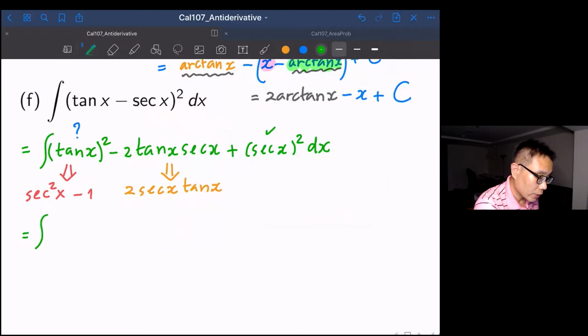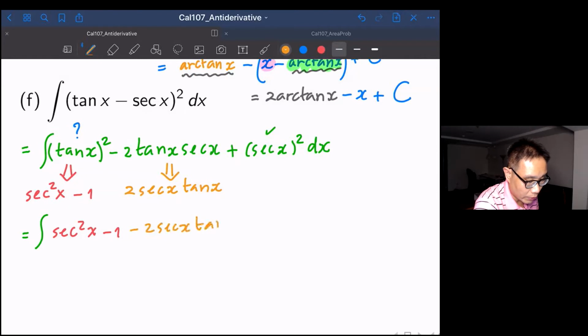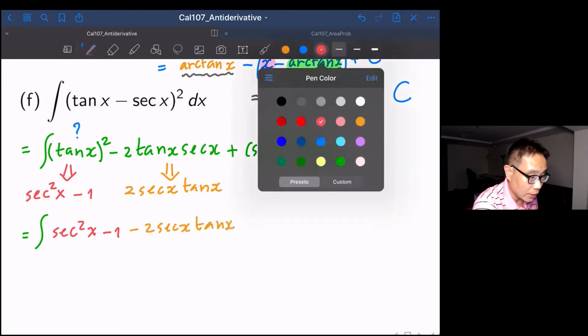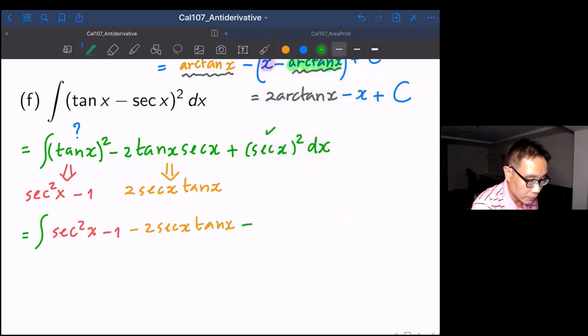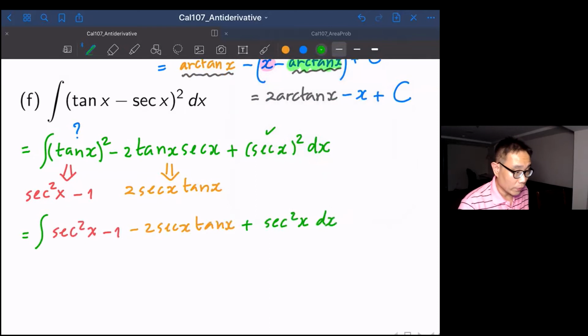Okay, so tan squared turned out to be secant squared minus 1. Okay, the second term turned out to be 2 sec x tan x, that we know the formula. The last term, you get secant squared x dx. Okay, and now we'll be able to integrate every guy.